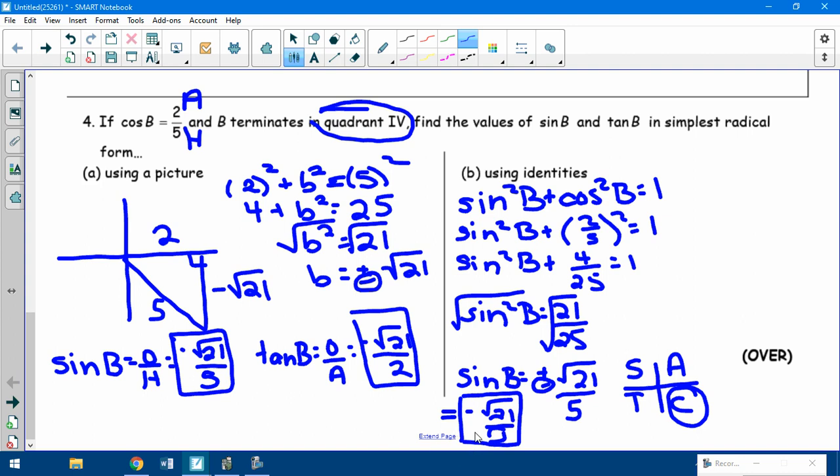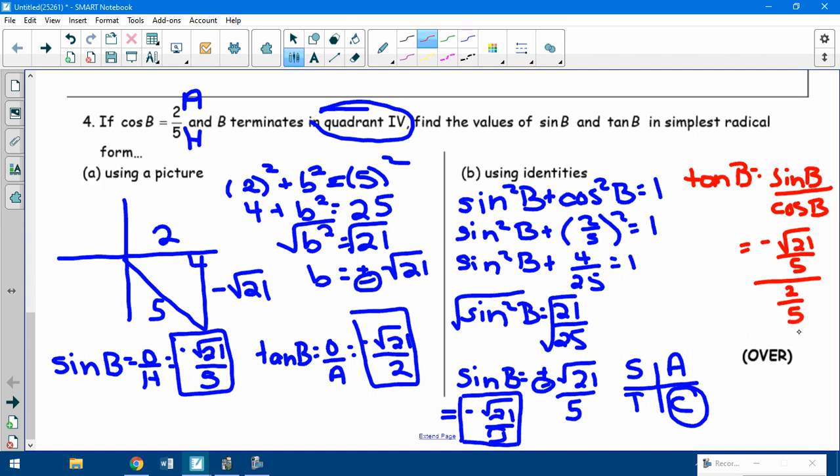Okay, so then if I want to find tangent of beta, how is tangent related to what I know? Well, if I'm using identities, tangent is sine divided by cosine. Sine b divided by cosine of b. So sine of b we just found was negative radical 21 over 5 over cosine of b, which was 2 over 5.